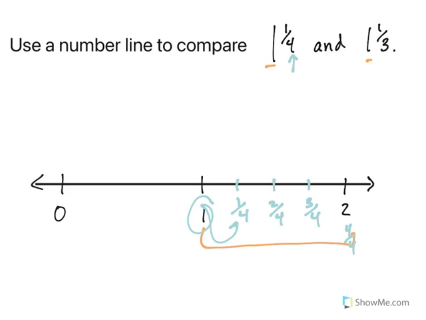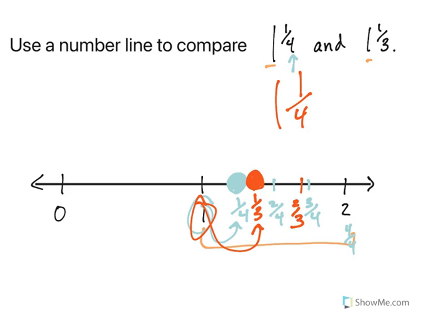So 1 1/4, this is this value. Okay, and then I go to thirds. So I'm going to break this up into 3 equal parts. And so this is 1/3 and this is 2/3. So 1 1/3 is here. So they're pretty close, but you can still see that 1 1/3 is on the right.